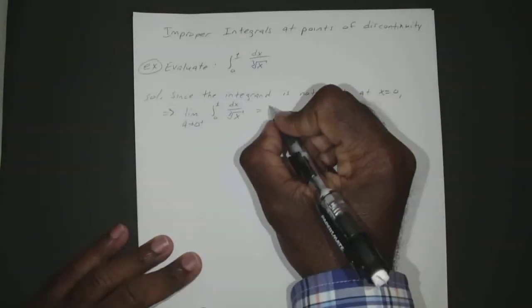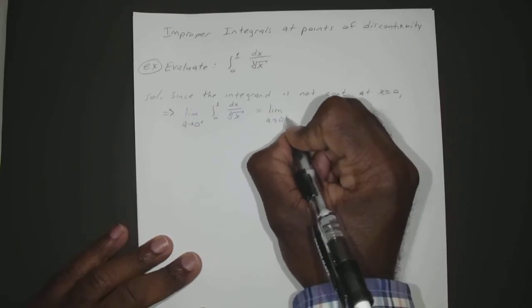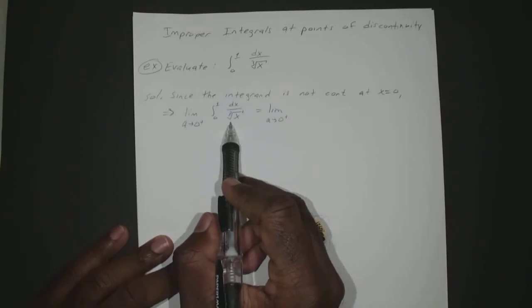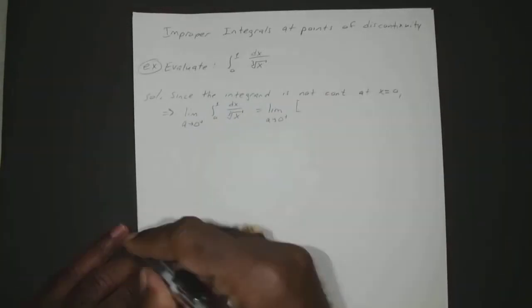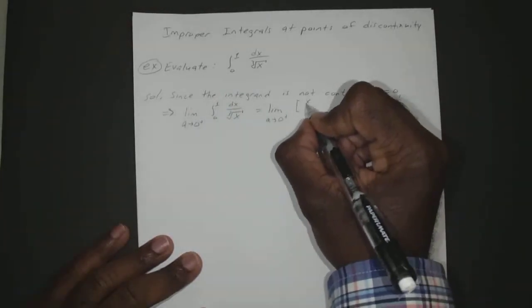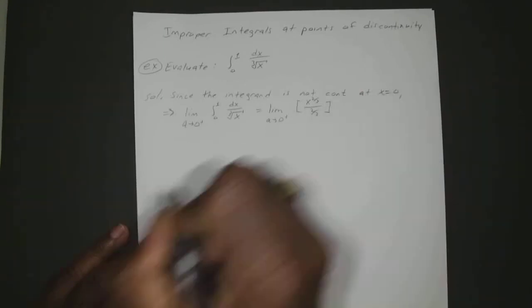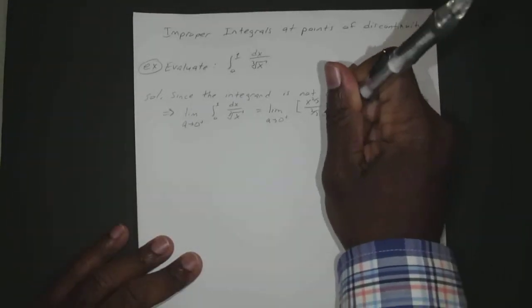Okay, so that's equal to the limit as a approaches 0 from the right. If we write that as x to the negative 1/3 power, we add 1, x to the 2/3 over 2/3. Oh, from 0 to 1. I don't know why I was about to write a.